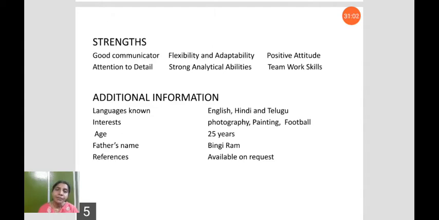and while typing, other things you need to remember is that maintain uniformity in the font. Okay, all the font except the headings, like here we have 2 headings: strengths, additional information. Okay, on the slide I'm saying. So these subheadings or headings, you can take a larger font, you can take a bold one so that they are clearly visible.